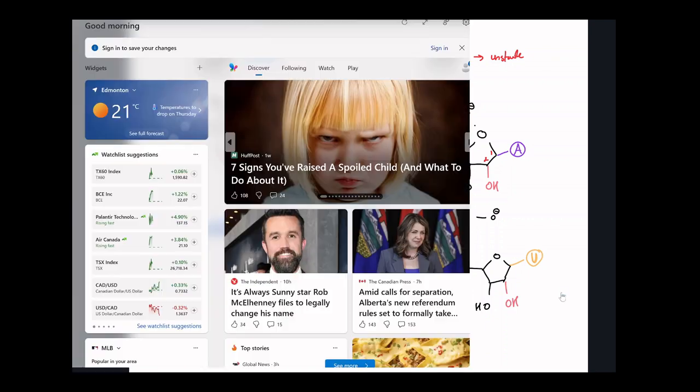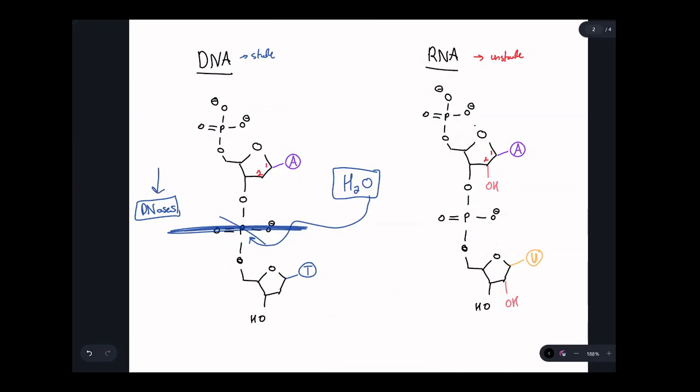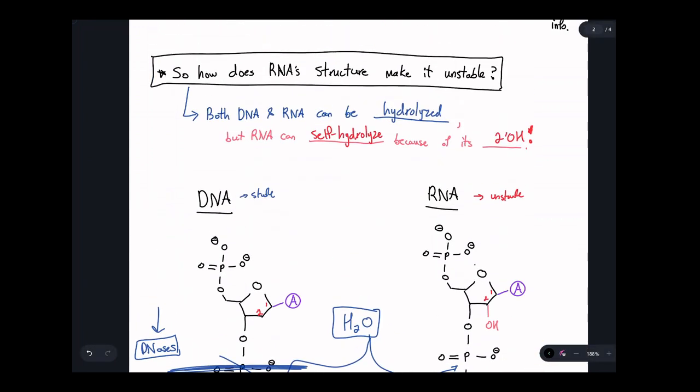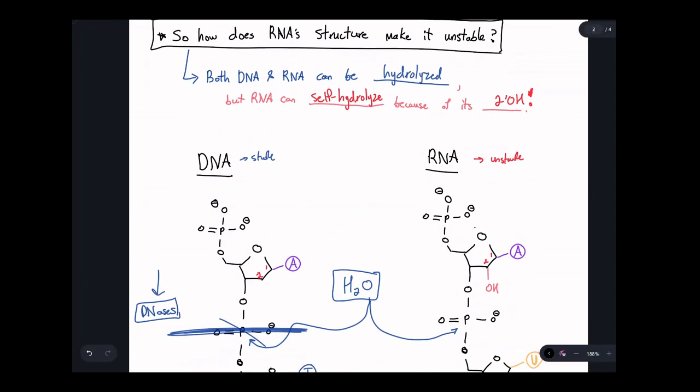There are enzymes called DNases, enzymes that break down DNA, that make this a lot easier. Meanwhile, for RNA, the same thing can happen. We still have the phosphodiester bond. It can still be broken by water. So for this reason, both DNA and RNA can be hydrolyzed, but RNA can self-hydrolyze. Let's break that down in more detail.